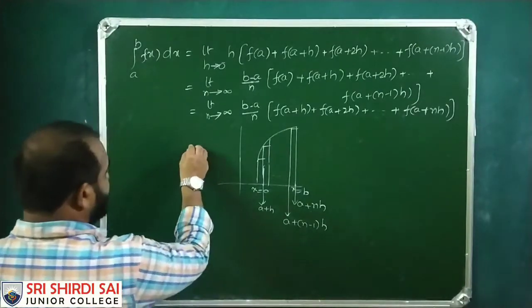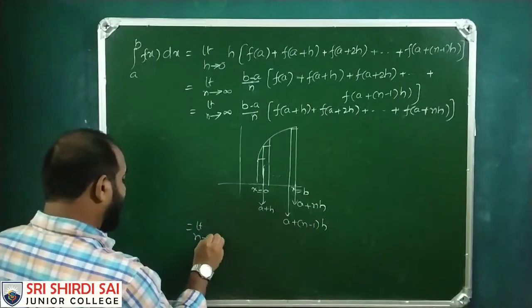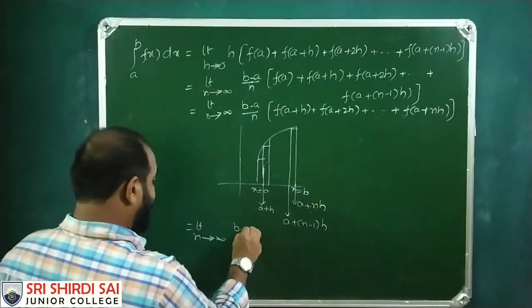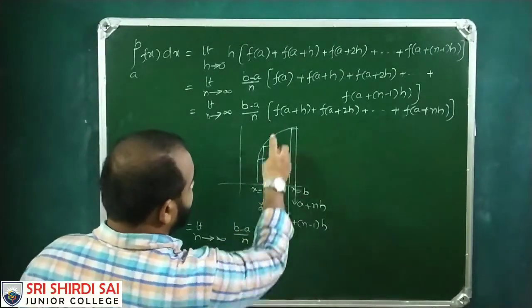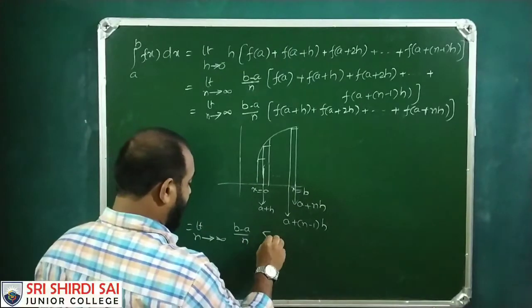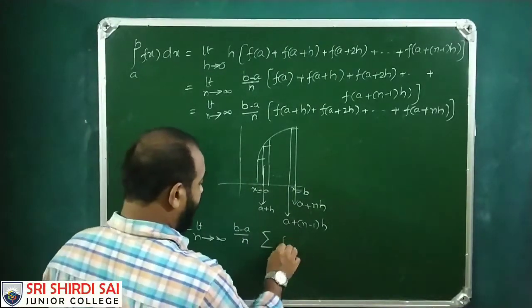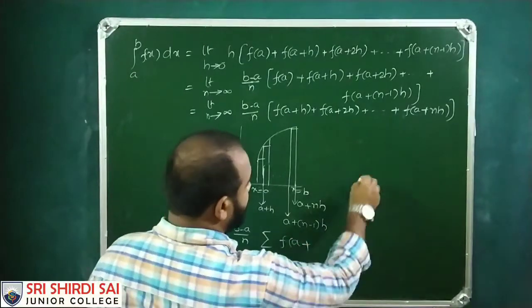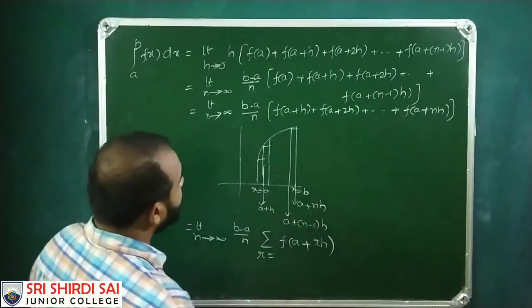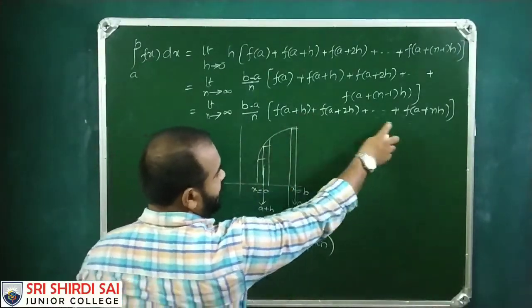So this is equal to the limit as n tends to infinity of (b minus a) by n. Since this is a summation of a series, we can write it in sigma notation, f of a plus rh, where r runs from 1 to n, because this is 1h and this is nh.